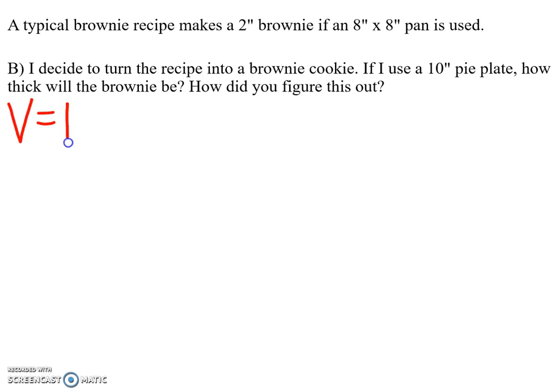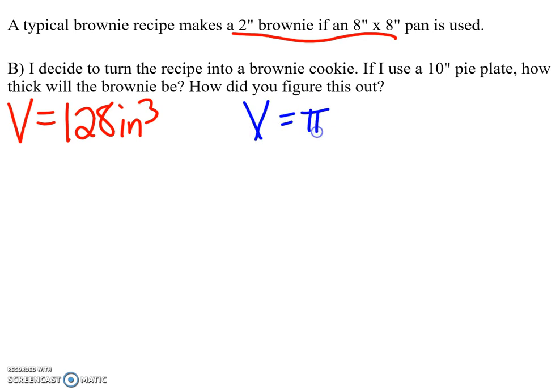So now if I flip to a pie plate, I still know, as I just found, that the volume has to be 128 cubic inches, and that's from the fact of where I start. But now if I think about a pie plate that's circular with height, that's giving me a cylinder. And a cylinder is pi times the radius squared times the height.